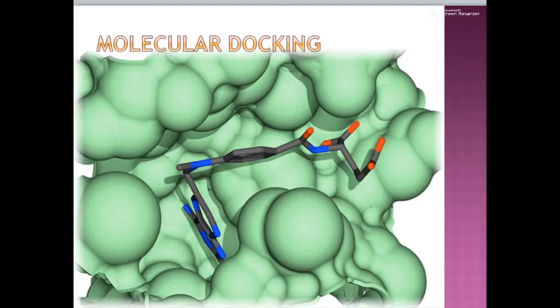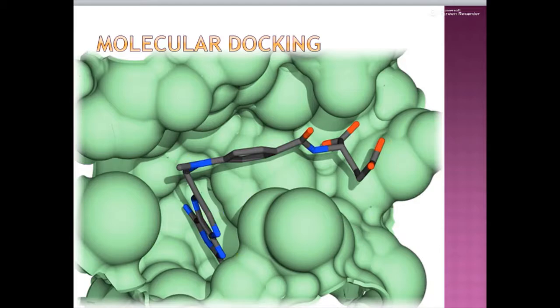But let me just explain what the two things being shown over here are. This grayish, creamish molecule is referred to as a biological target, and this is a ligand or a drug molecule which is interacting with the biological target.